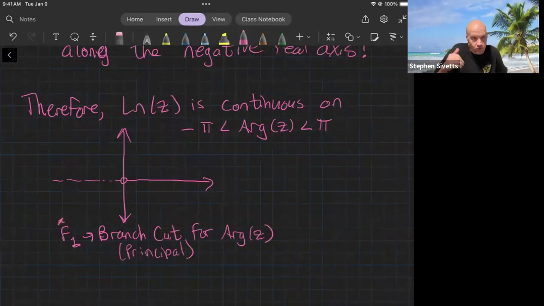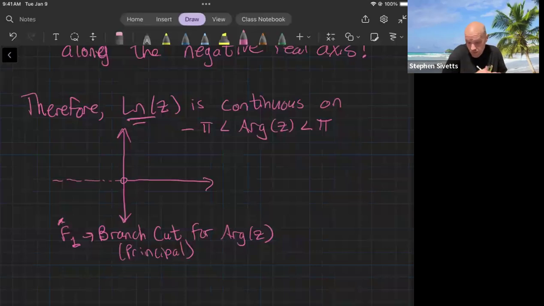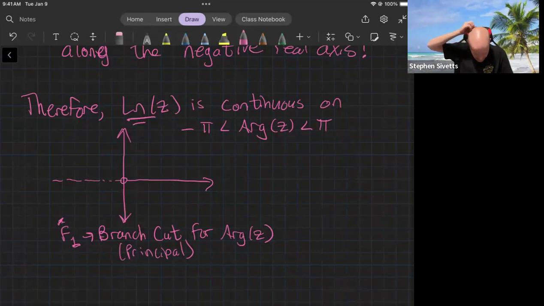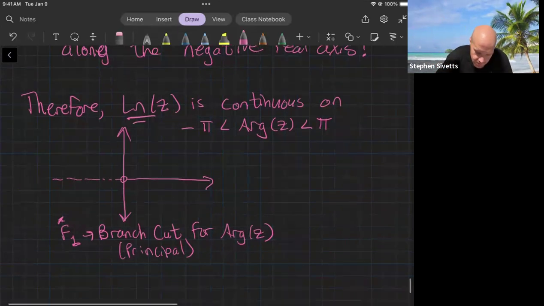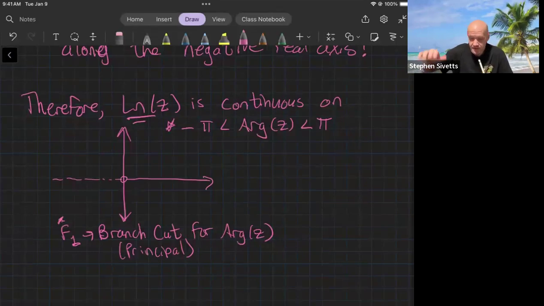And then we can have multiple branch cuts for the natural log of z, right? So we can also define the argument of z as minus 3 pi over 4 to 5 pi over 4, right? In other words, we can define other branch cuts for the logarithm of z just as long as the length of the interval for the argument of z is 2 pi.